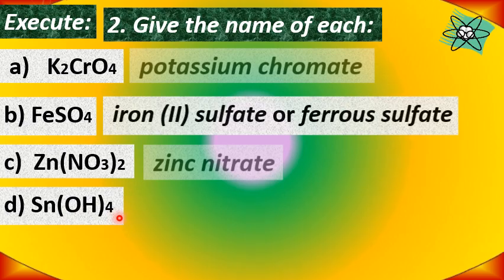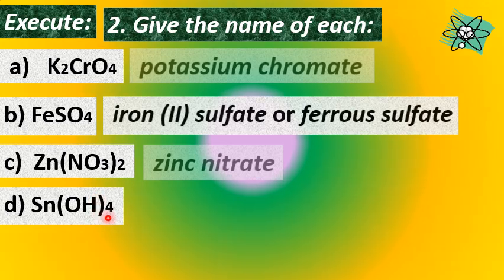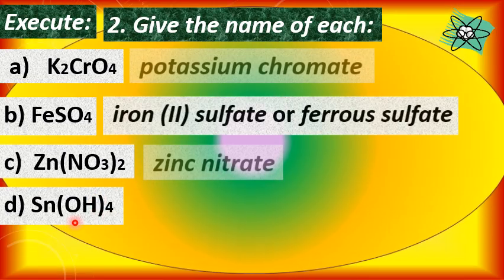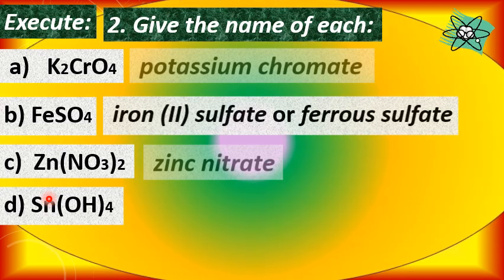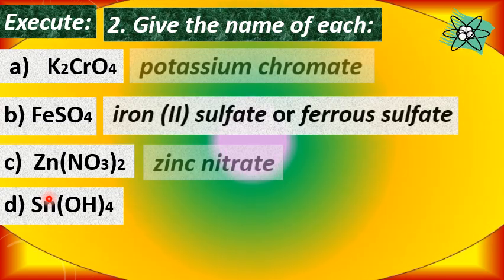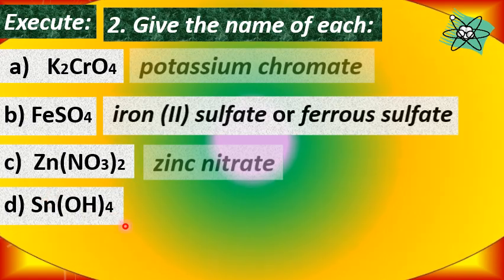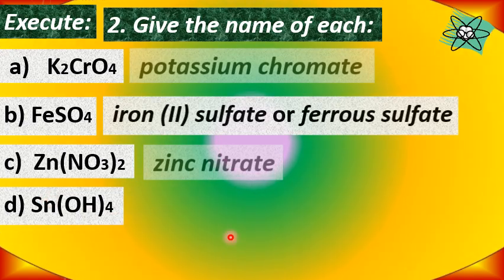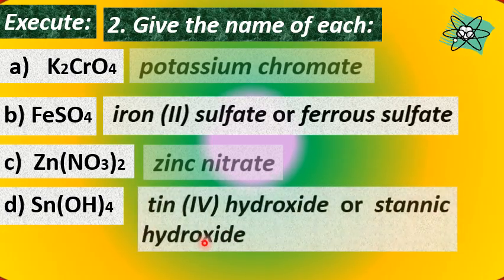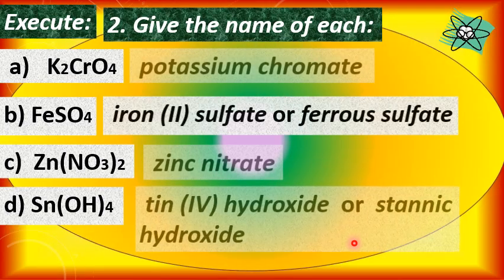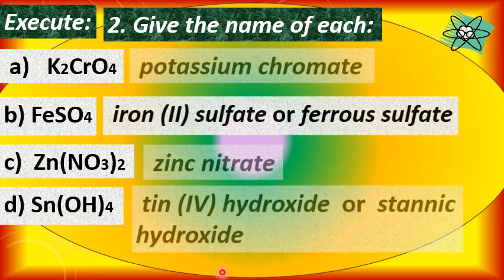And the fact that the subscript of hydroxide outside the parenthesis is 4 simply means that the higher ionic charge of tin is used here, which is positive 4. As such, this formula must be named tin Roman numeral 4 hydroxide or stannic hydroxide.